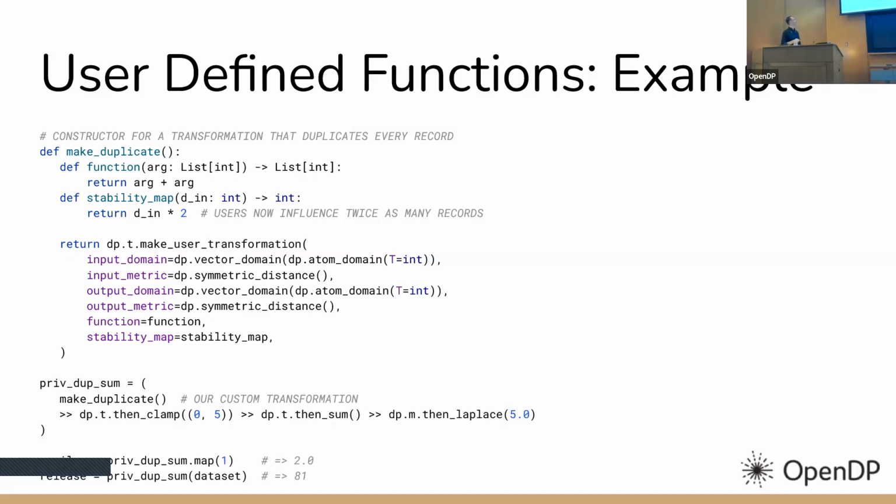I can get its privacy, the epsilon it consumes, which is now 2x what it had been before, and I can calculate the sum and get a data release. So we're really excited about user functions. I think it's something that eases the pathway for people to get into the ecosystem.